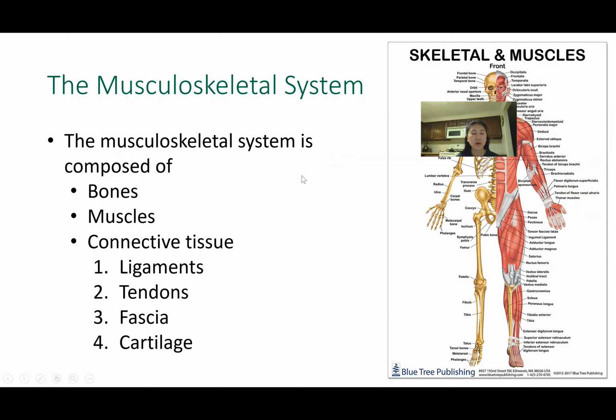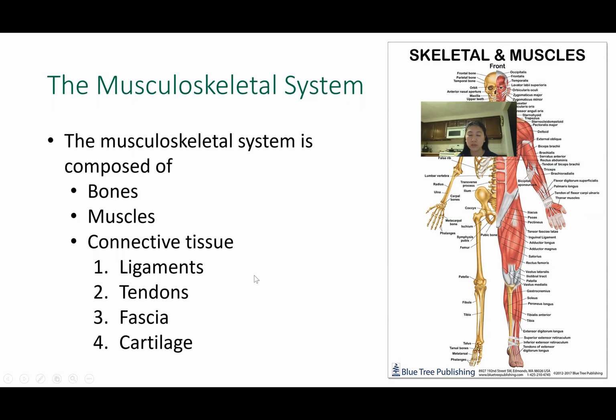whole. So the musculoskeletal system is composed of, for the most part, bones, muscles, connective tissues. So the connective tissues can be broken down into 4 parts: ligaments, tendons, fascia, and cartilage.